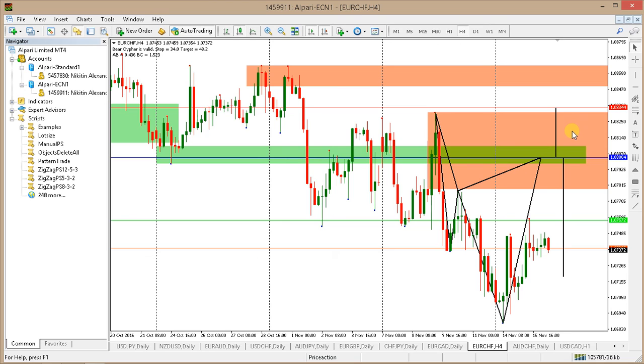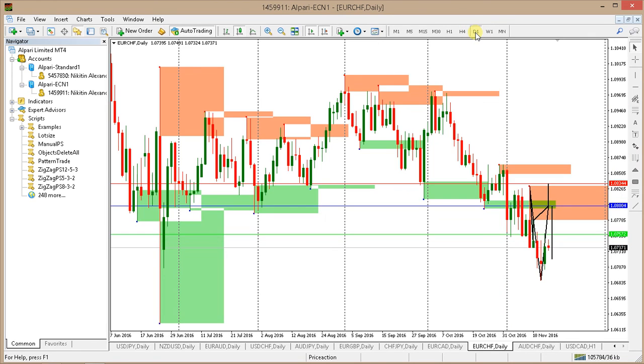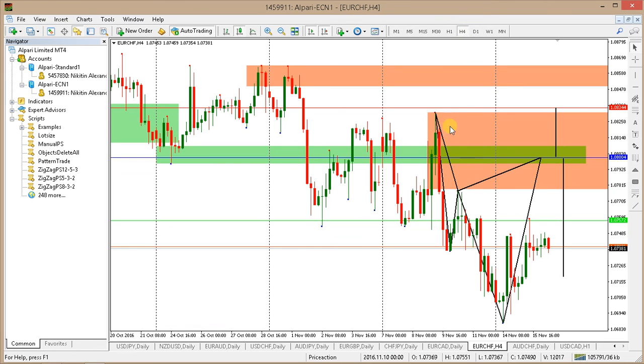Okay, that's it. I explained to you the rules of analysis that I personally use. I explained to you the way how I identify the turning points, how I find the structure, support, resistance zones, and then I explained to you one advanced pattern formation that is called a cipher pattern.